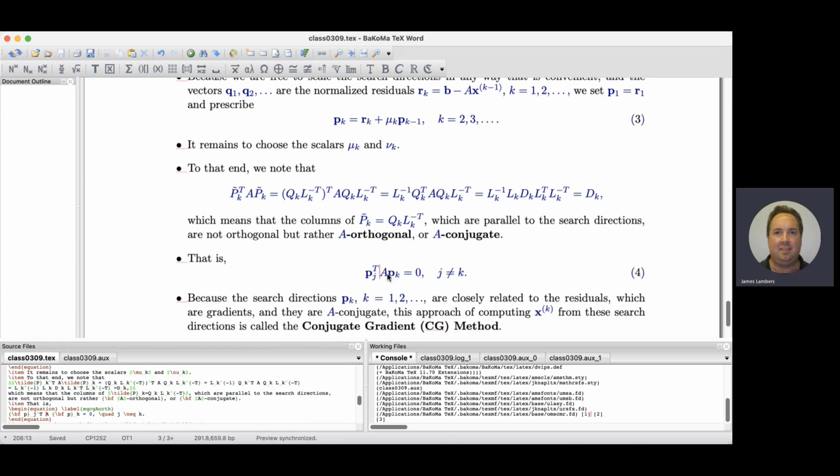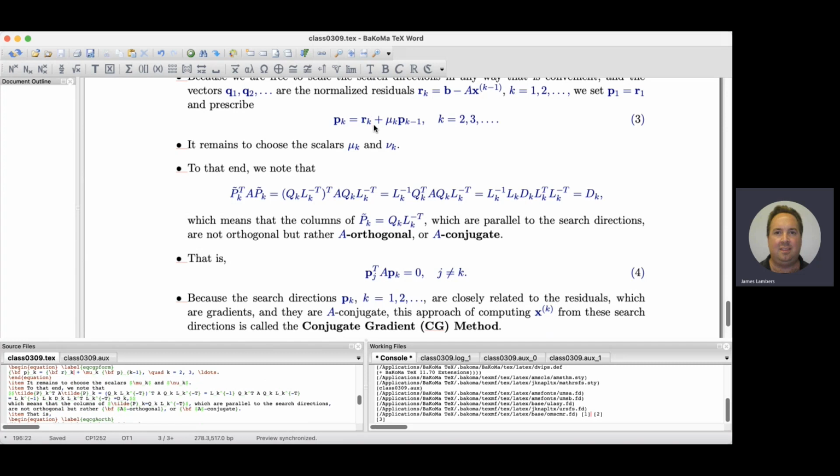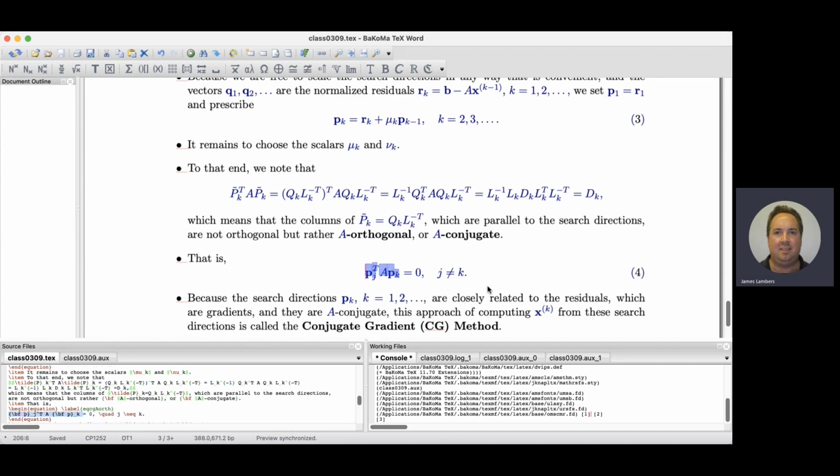Because the search directions are A-conjugate and they're expressed in terms of the residuals, which are gradients. Remember, in steepest descent, the residual was the negative gradient of a function we were minimizing to solve Ax equals b. The method that we're developing is called the conjugate gradient method, or the method of conjugate gradients, because our search directions involve gradients and they're A-conjugate.